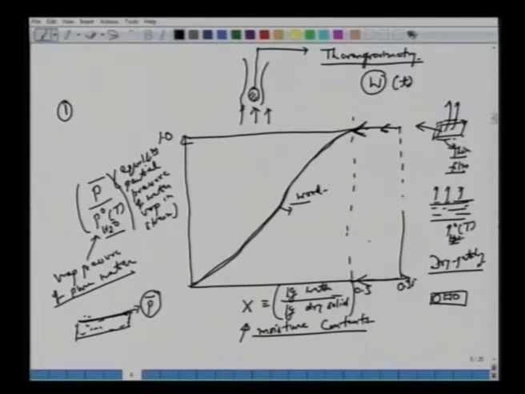After that, the wet patches start decreasing. Now this goes below 1, which means the partial pressure exerted by this water at the solid surface has gone below the vapor pressure of pure water.